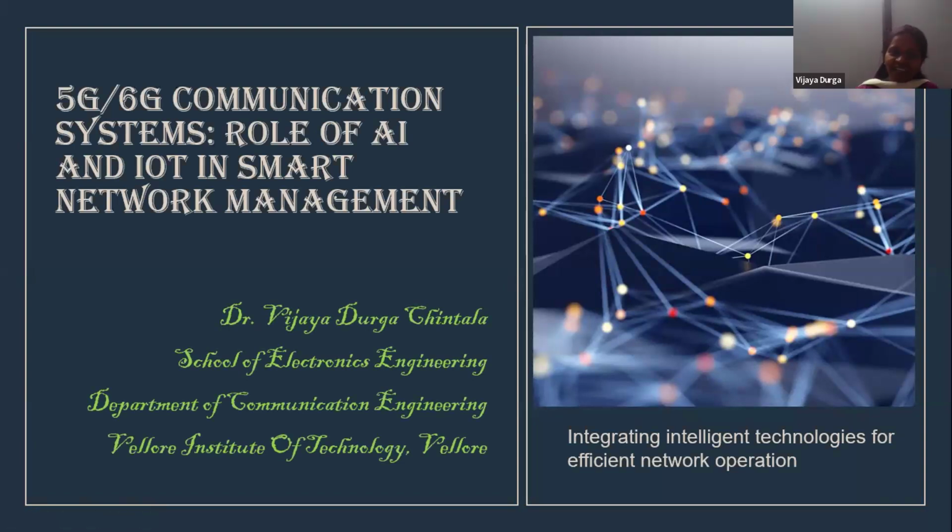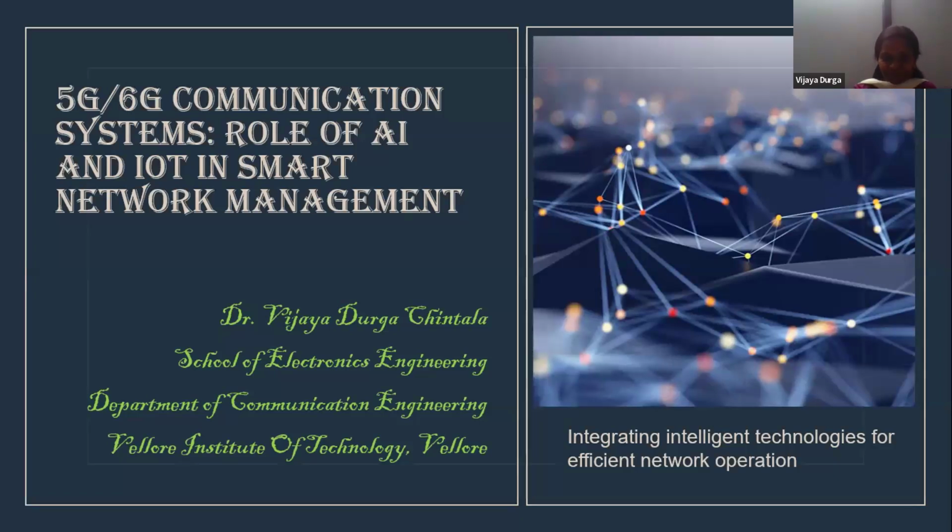What is meant by intelligent technologies is artificial intelligence, Internet of Things, and 6G technologies. If we integrate all these intelligent technologies, it offers efficient network operation. That means it can provide improved throughput and less delay. Nowadays everything is smart: smart cities, smart life, smart home, because of the integration of all these technologies.